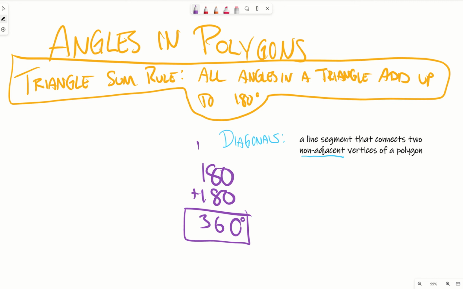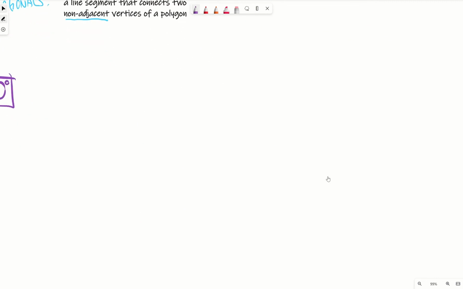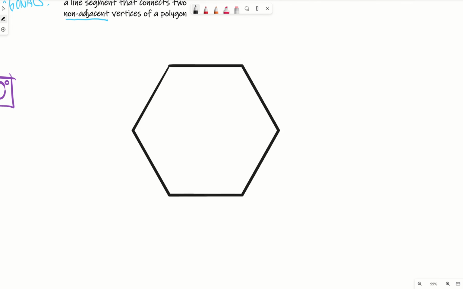So let's say I had a hexagon. I'm going to start making diagonals. I'm going to start at this point. It doesn't matter what point you start at, but you can only do it from one point. I can't start at this point, and then this point, and then this point.